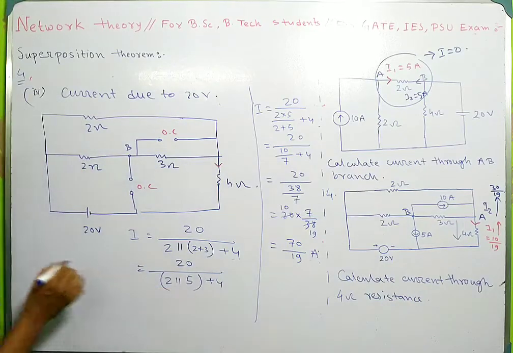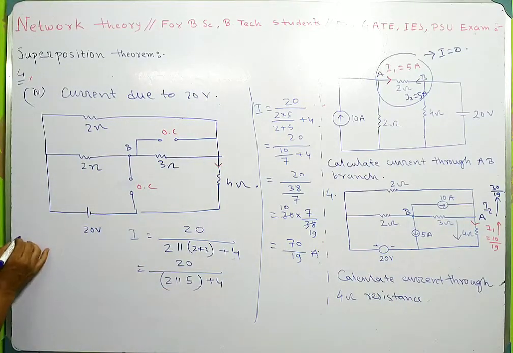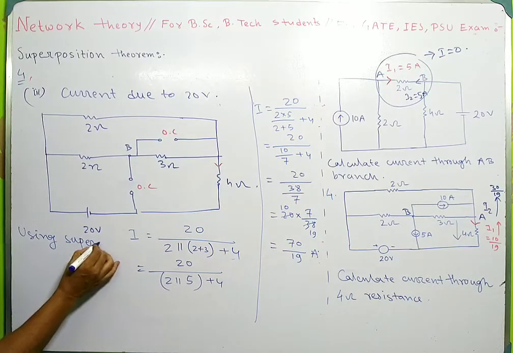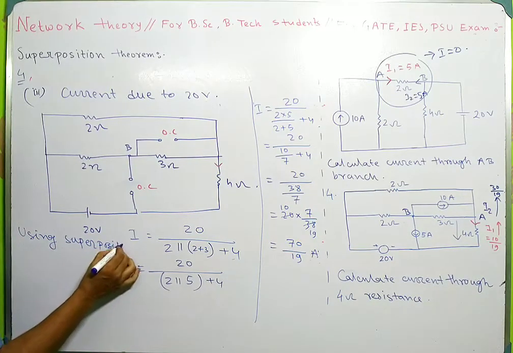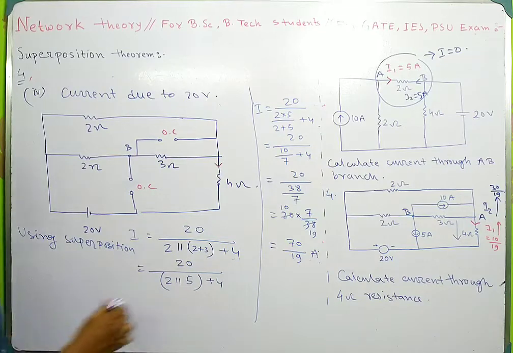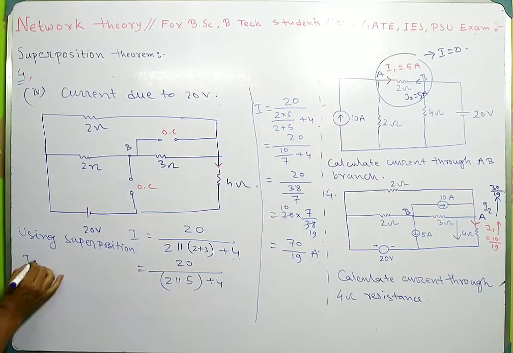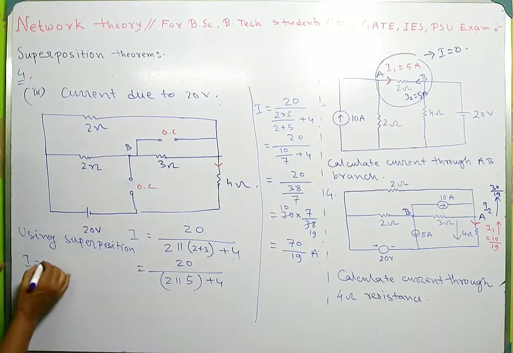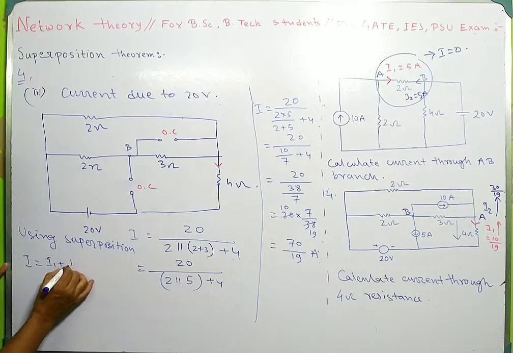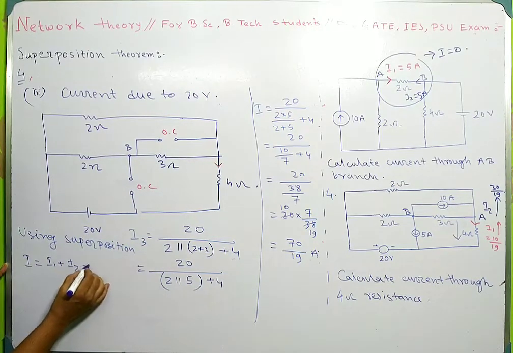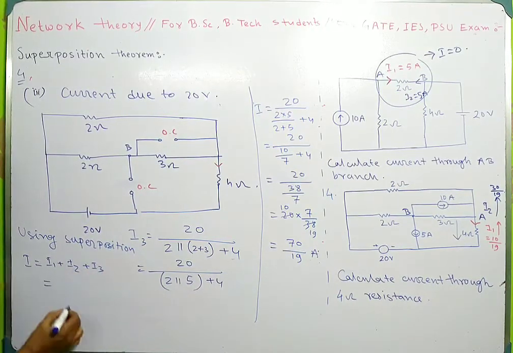So using the superposition theorem, the current through this branch I is I1 plus I2, and this is suppose I3. So plus I3.